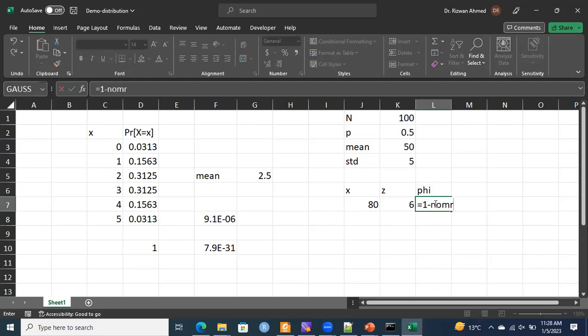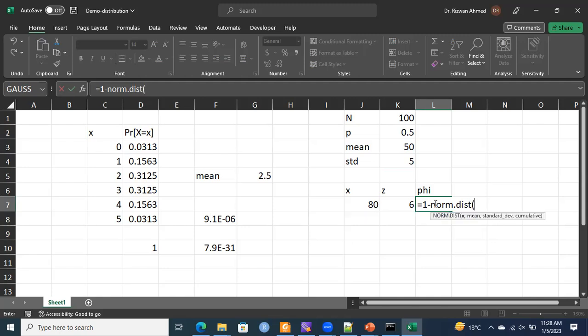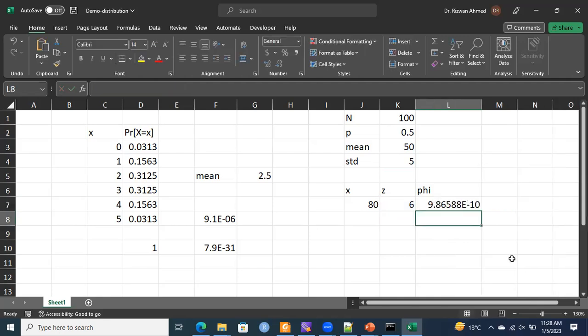I use here the normal distribution function: 1 minus, I use the standard distribution, and the z value is 6 and cumulative. Here this time I use the 2. So beyond 80 heads, the probability is 10 raised to the power minus 10. In percentage, it is 10 raised to the power minus 8.